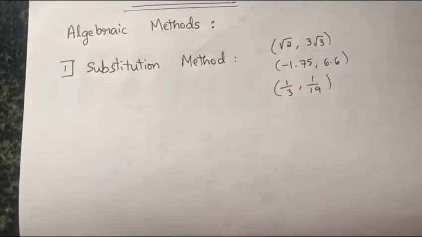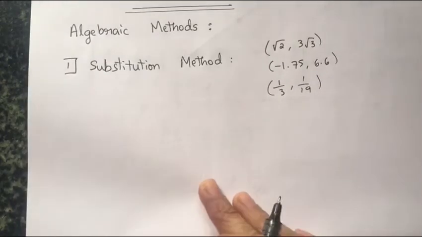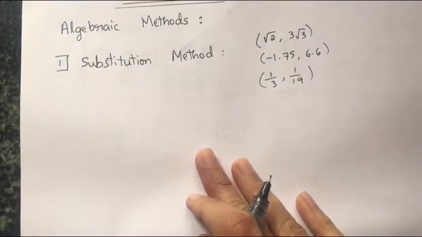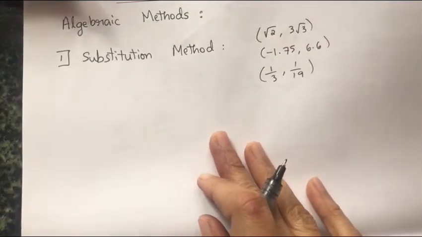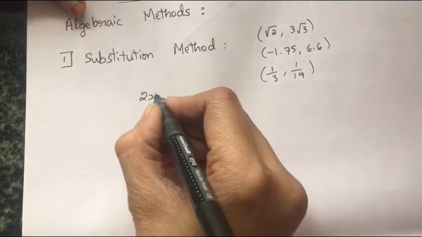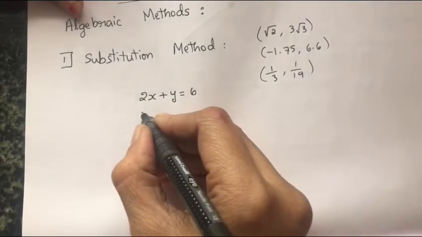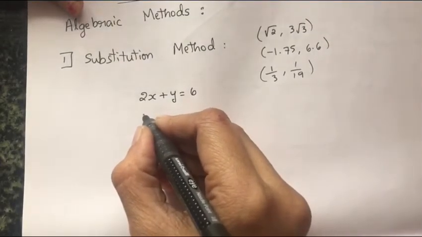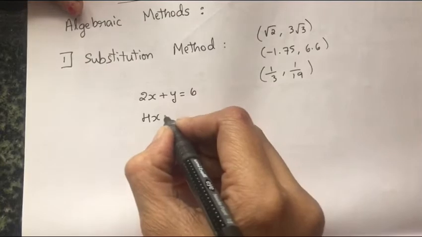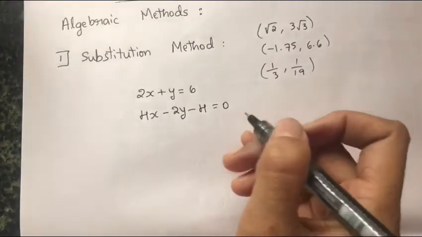I'll explain with the problem first and then we'll go by understanding it in terms of theory. Suppose you have a pair of linear equations, say 2x plus y equal to 6 and 4x minus 2y minus 4 equal to 0.